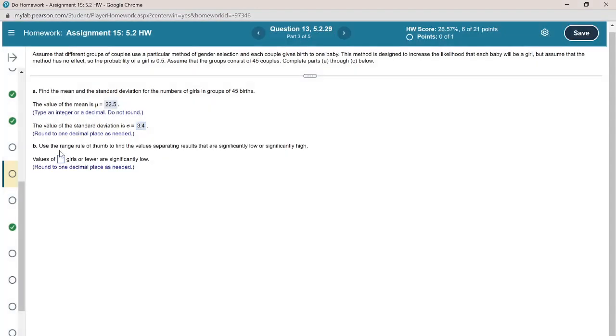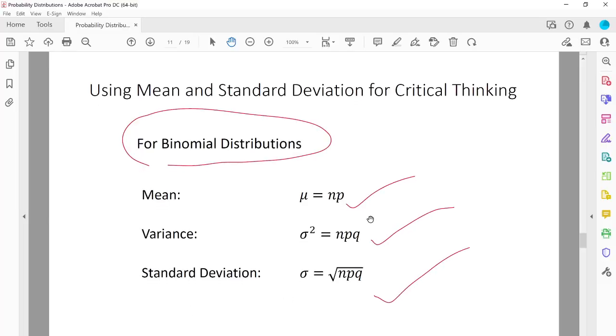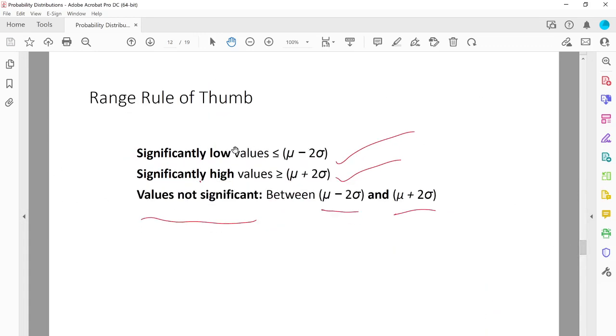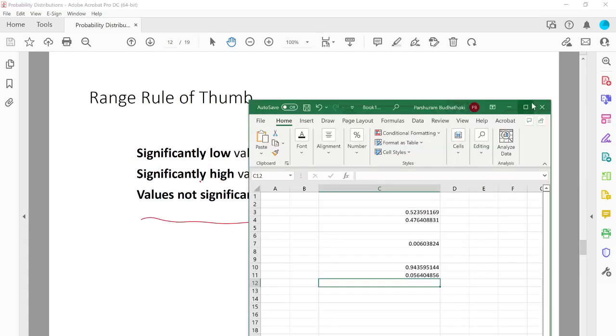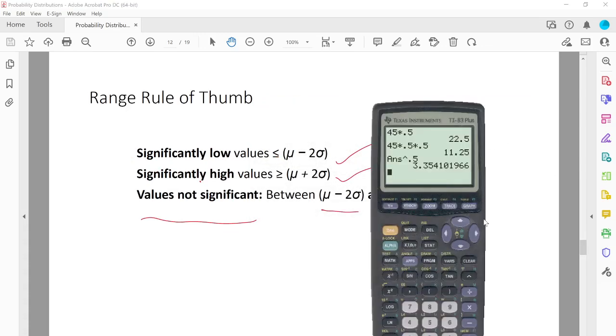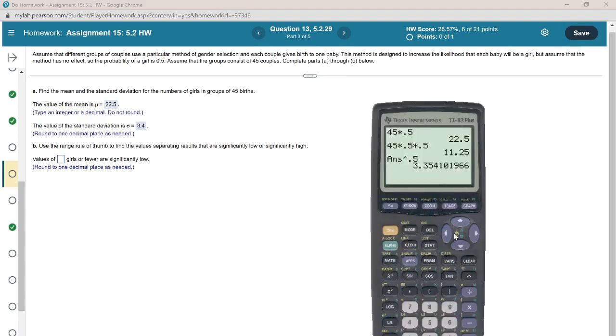Now use the range rule of thumb to find the values separating results that are significantly low or significantly high. Keep in mind, the result is significantly low if it's less than mu minus 2 sigma. So calculate mu minus 2 sigma using the calculator.